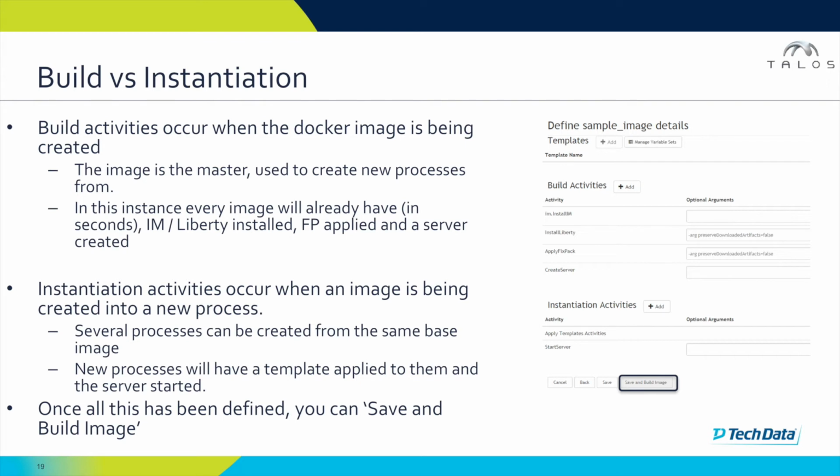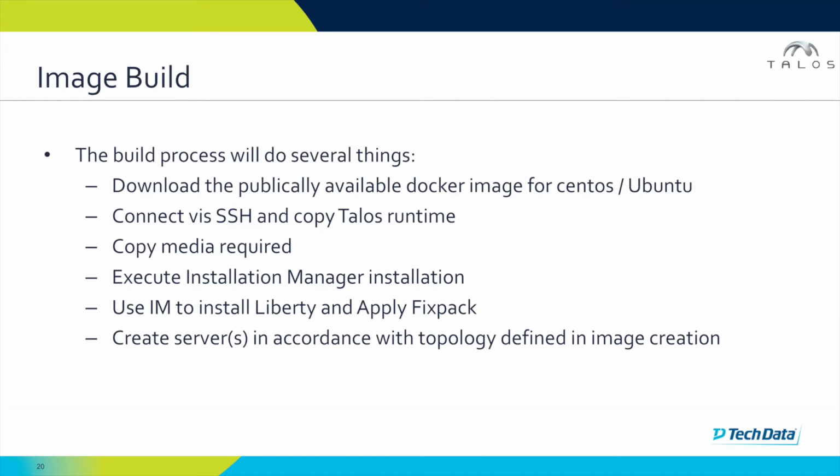So once all of that's been defined, and we've worked out what our build activities are and what our instantiation activities are, we can click Save and Build Image, and we will go to the image build. Now the build process will do a couple of things. It will download the publicly available Docker image for CentOS or Ubuntu, whichever you've chosen as your base OS.